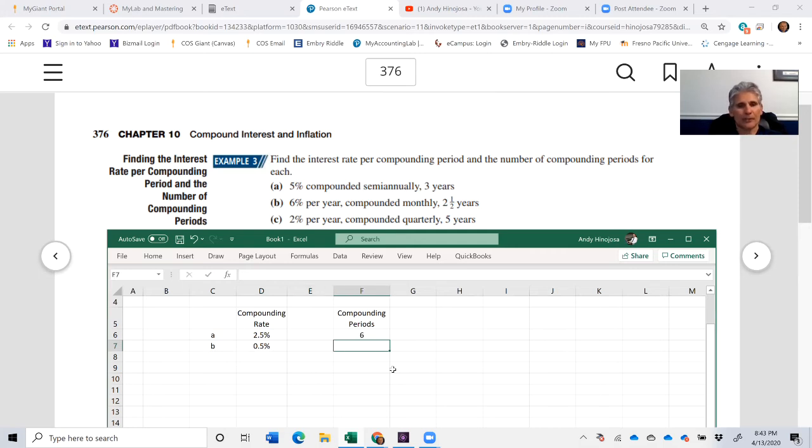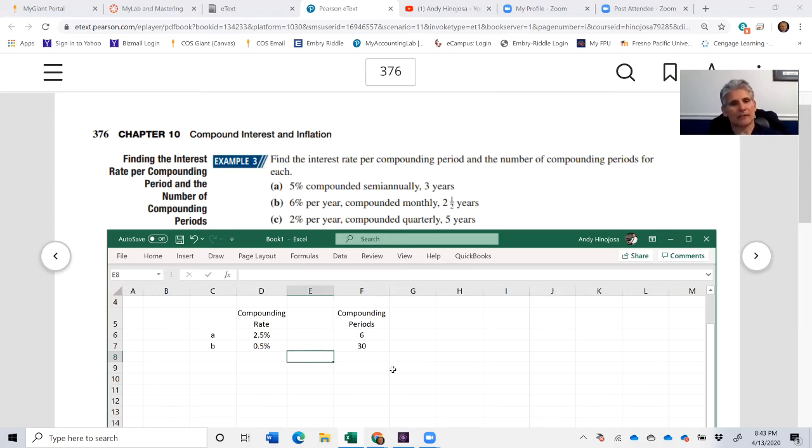The number of periods, well, it's 2.5 years multiplied by 12. 2.5 multiplied by 12 gives us 30. Compounding rate divided, compounding periods, multiplication.